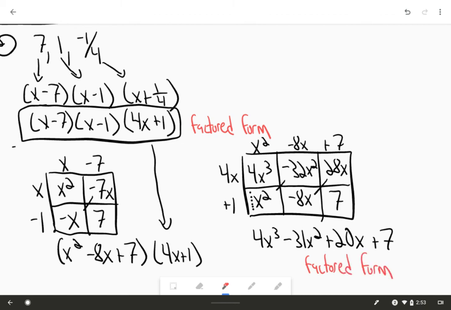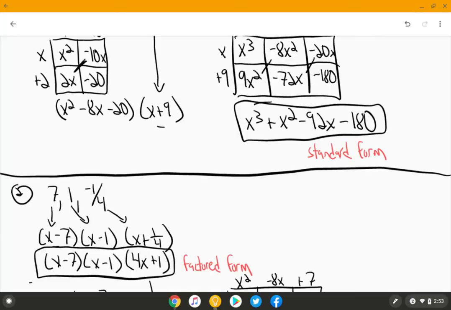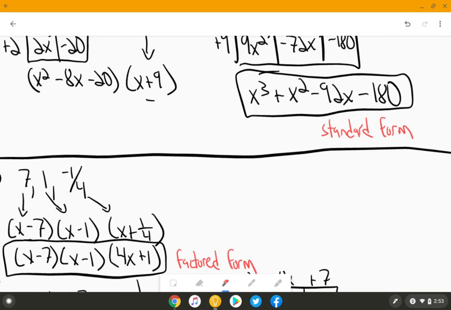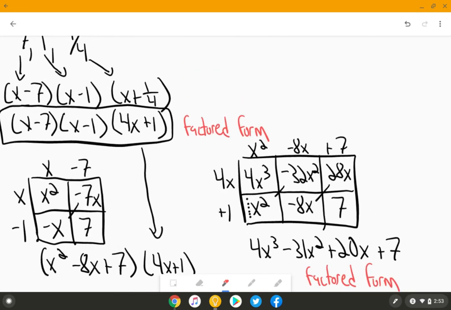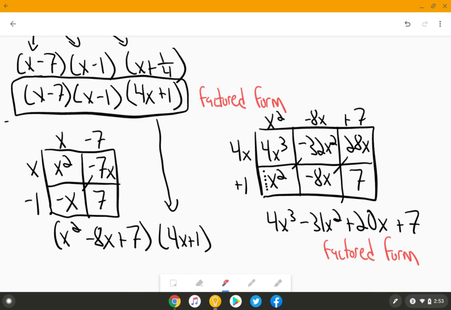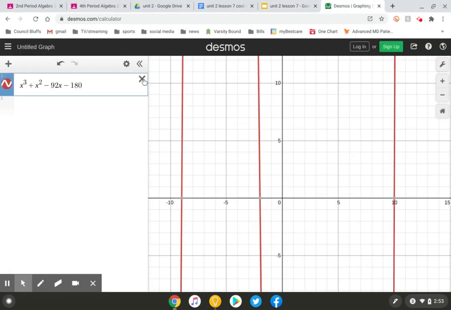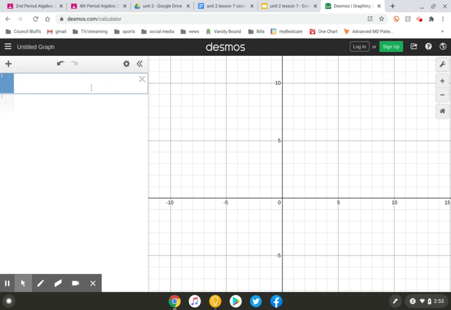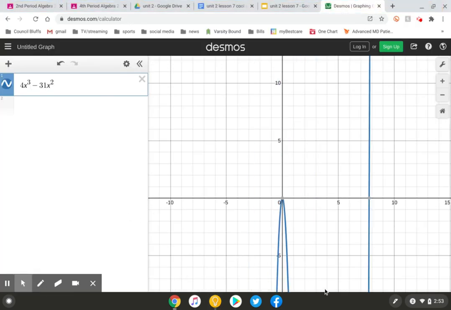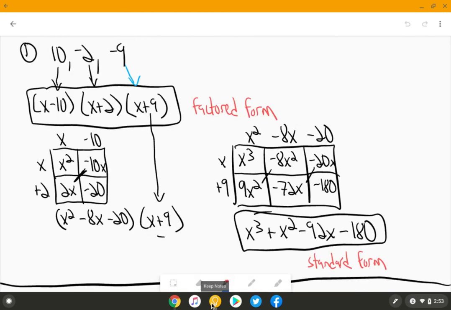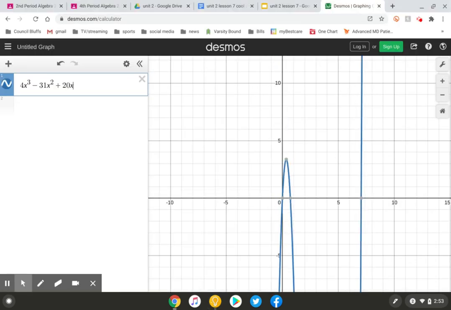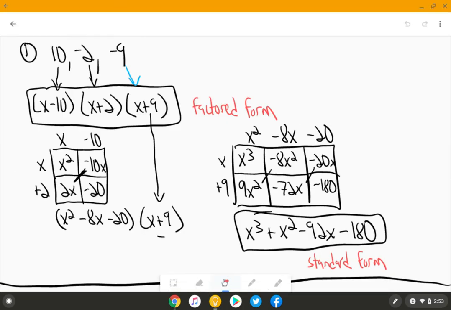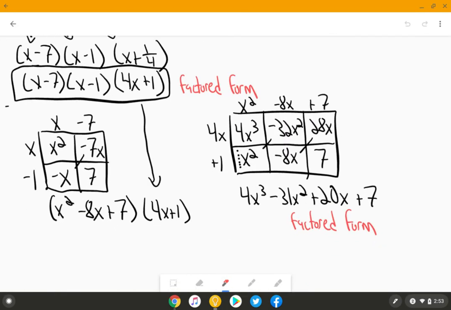Okay, and once again, I will put that answer on Desmos. So 4x cubed minus 31x squared plus 20x plus 7.